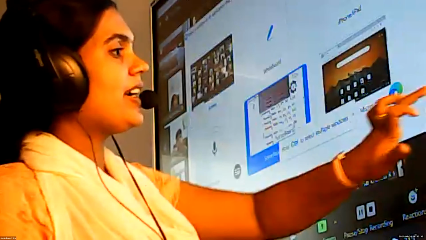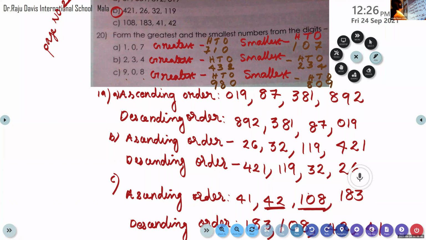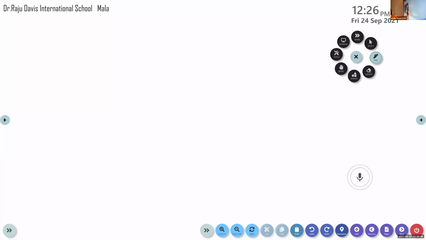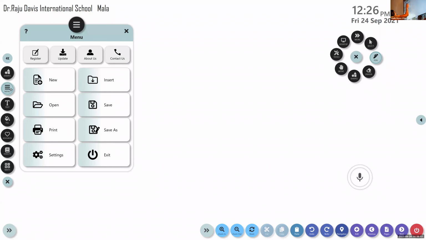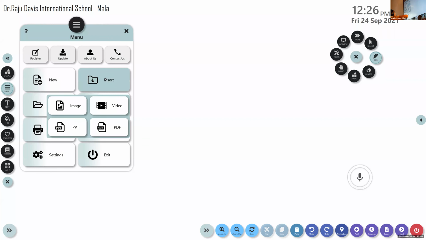Now we have to do a revision worksheet. Now no need to write the question. Only you have to write the answer. So please open your notebook and give the heading revision worksheet. I'll write it for you.